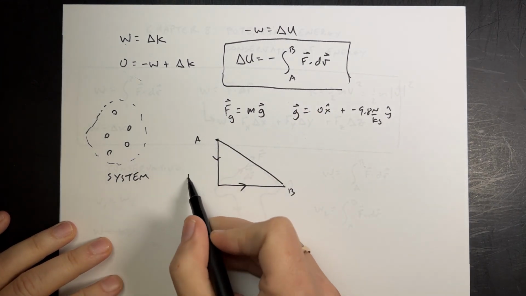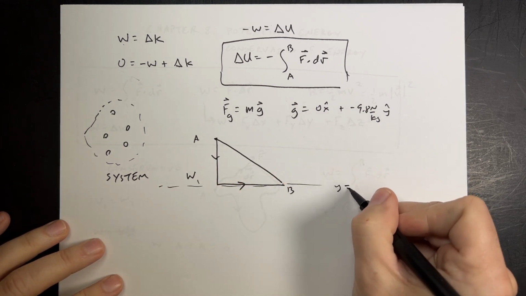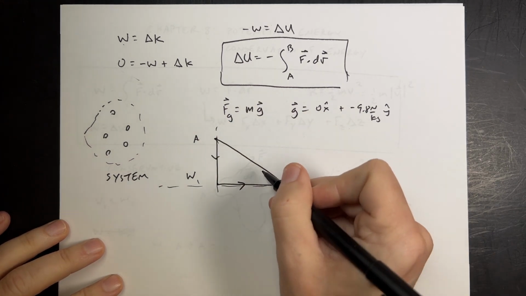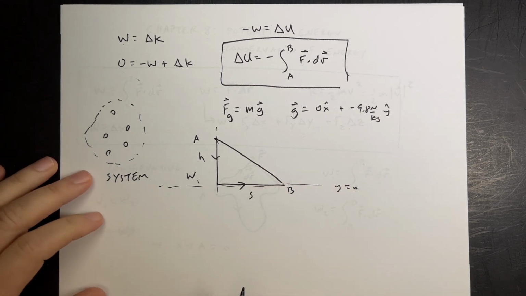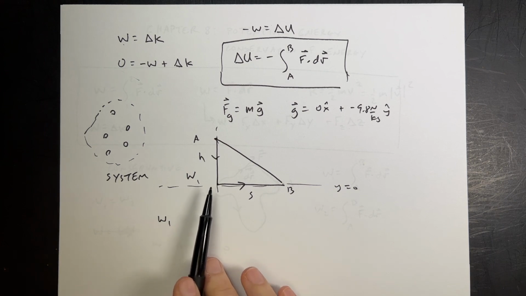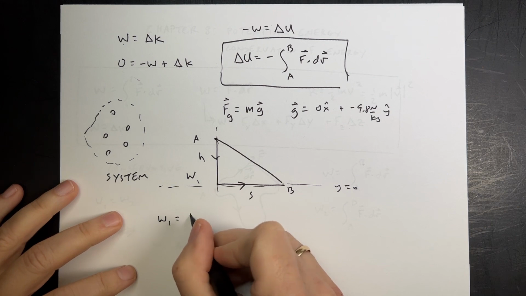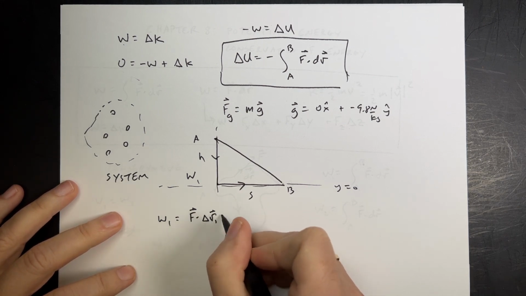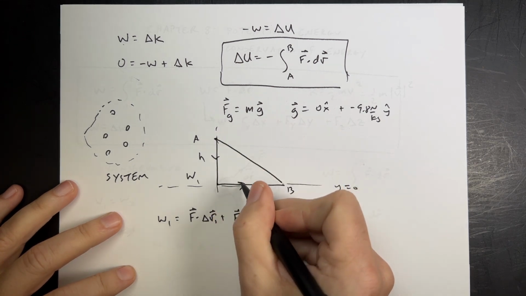So let's first calculate work 1. Let's call this y equals 0, and let's call this x equals 0. So that's my origin. And let's call this a distance h and a distance s. So to calculate work 1, I have a straight path, and my force doesn't change. So I can use the simple definition of F dot delta R1 plus F dot delta R2, because I actually have 2 pieces.